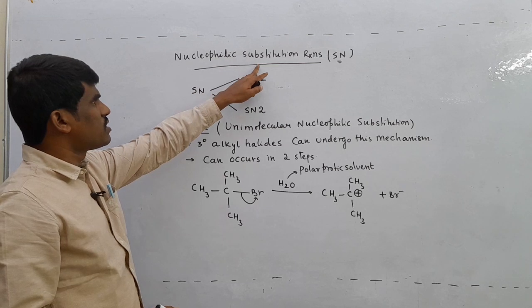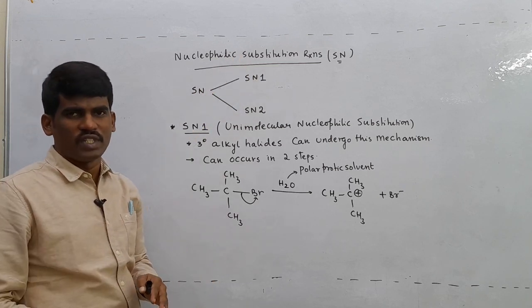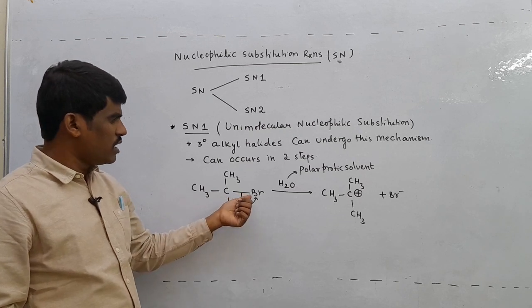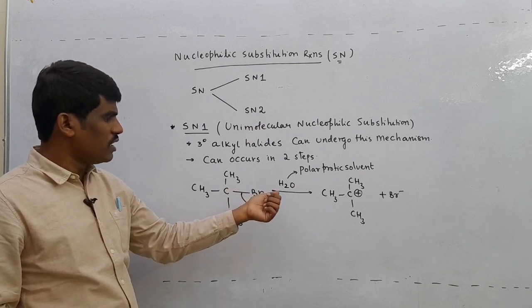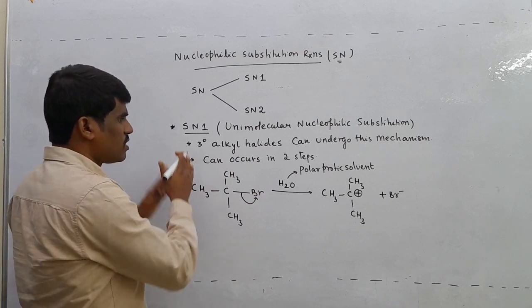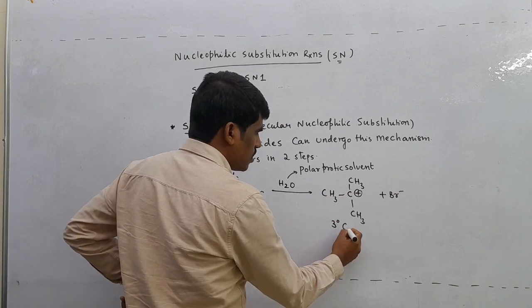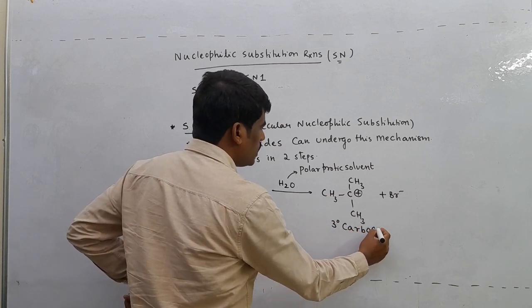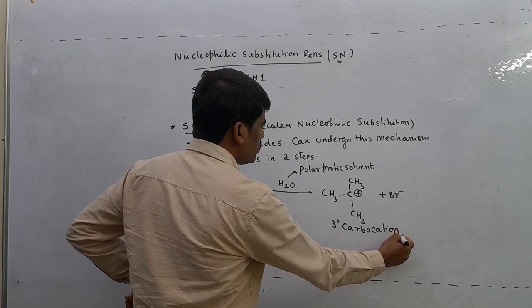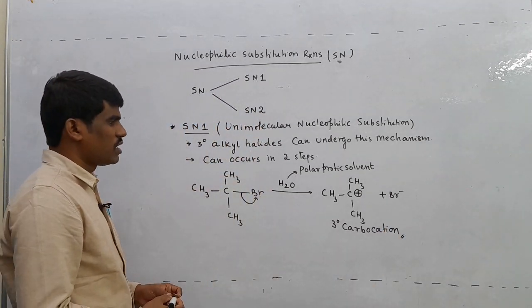Nucleophilic substitution means we are replacing one nucleophile with another nucleophile. We have to replace the Br minus, that is the outgoing nucleophile, with another nucleophile. For that we are doing the SN1 mechanism. Carbon with positive charge is called a carbocation, and since it is connected to 3 carbons it is a 3-degree carbocation, the most stable carbocation.